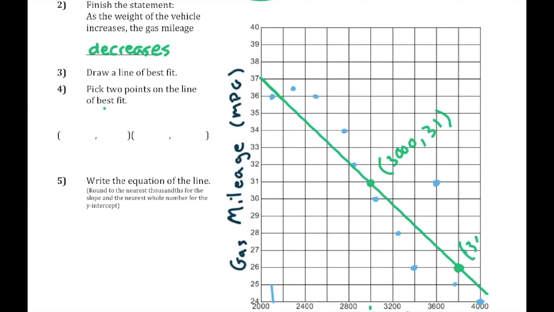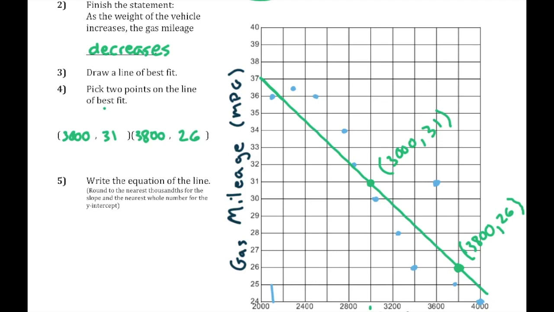This is going to be 3,800 pounds and 26 miles per gallon. So I'm just going to transfer these 2 ordered pairs over to the left side of my graph. So I have the 3,000, that's a 0, 31, and then I have the 3,800, which is 26.